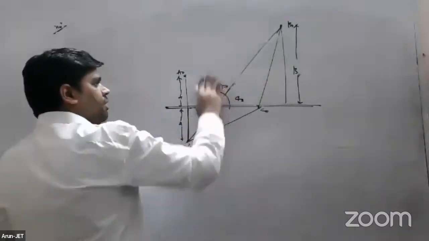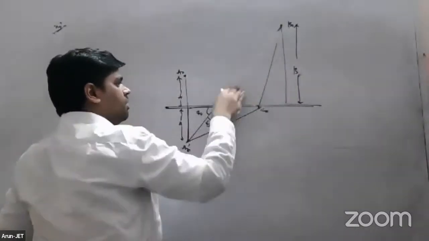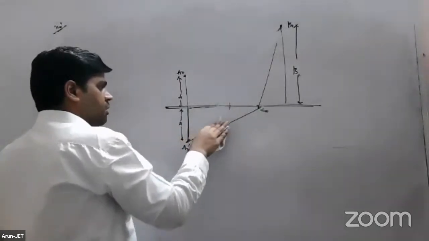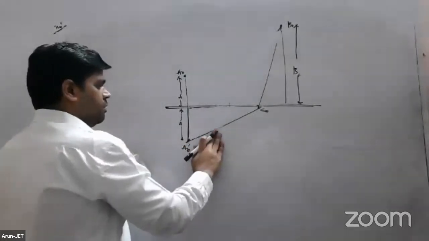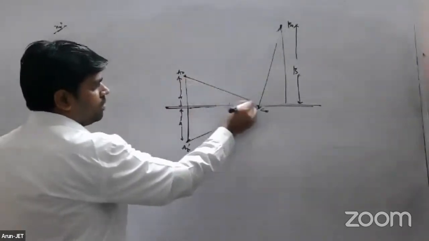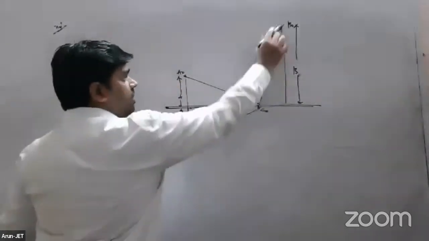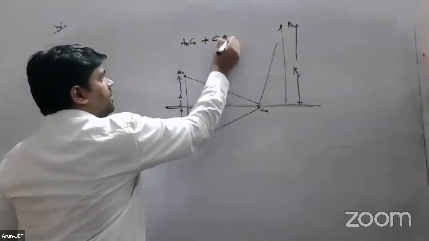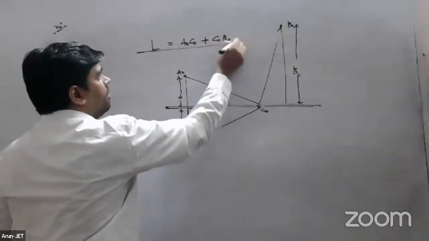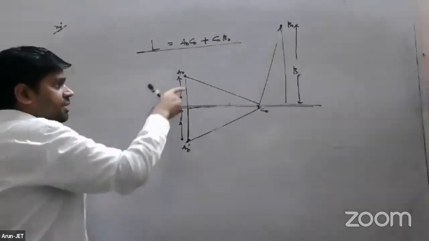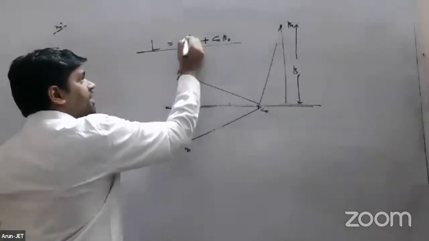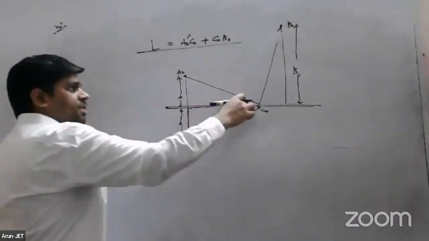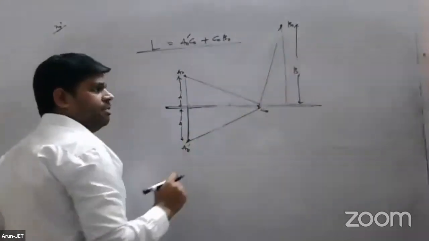Now let's look at this one. A naught C naught plus C naught B naught, the two together should be minimum. This length should be minimum. But because A naught prime C naught is a reflection of this one, A naught prime C naught plus C naught B naught should also be minimum. If this plus this is minimum, this plus this is also minimum.